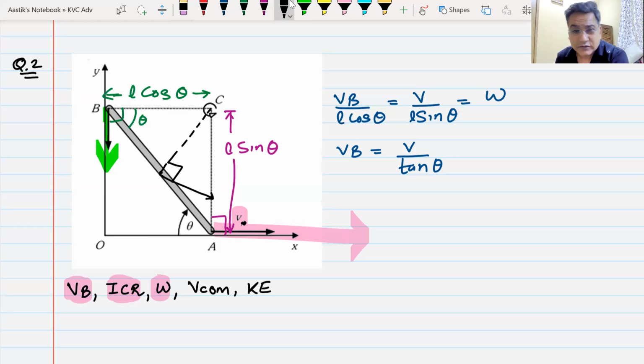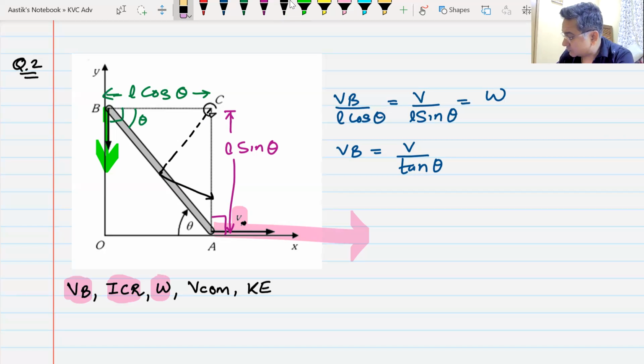And how will you find out the length of that line? This is pure maths. It's got nothing to do with physics. How will you find out the length of this line?